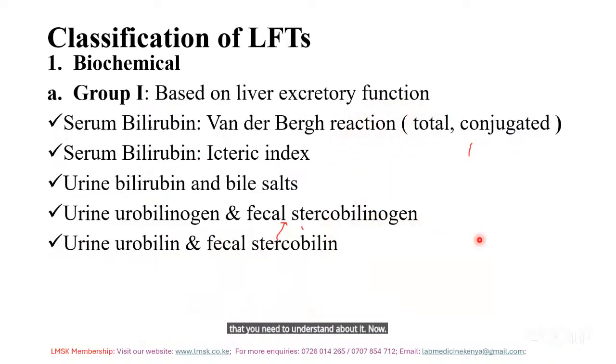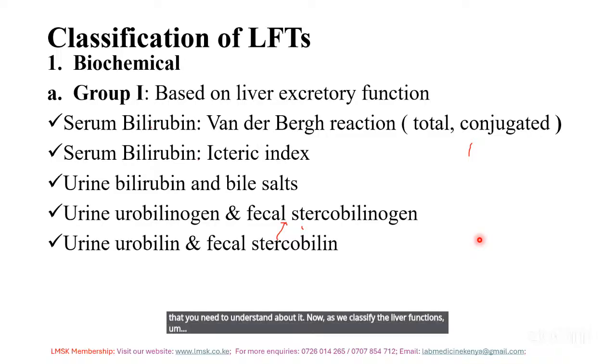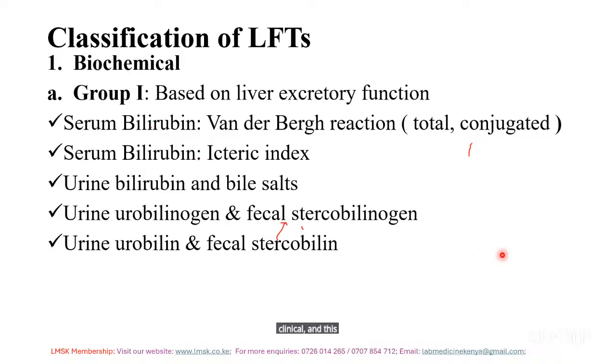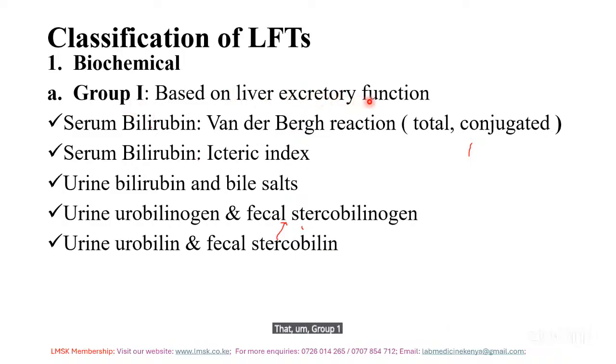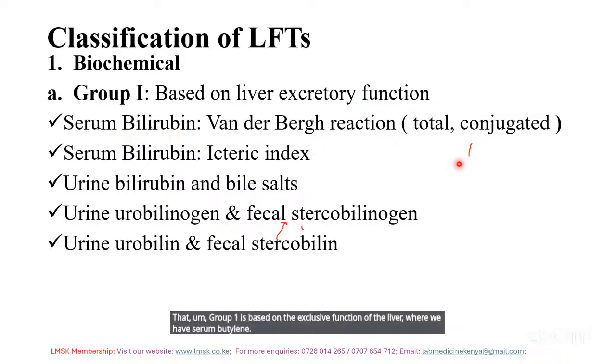Now, as we classify the liver functions, the LFTs, we can classify them as biochemical or clinical. And this I've just been able to break down so that we can remember that group 1 is based on the excretory function of the liver, where we have serum bilirubin, total and conjugated, both of them.